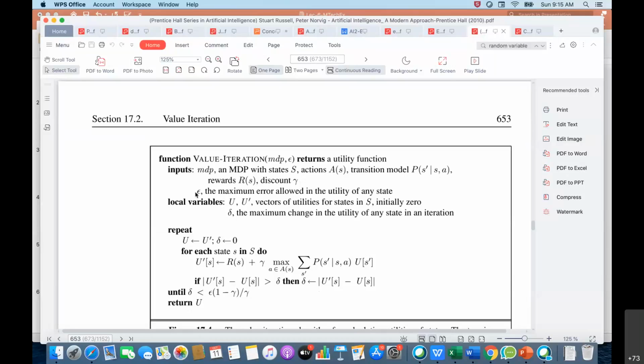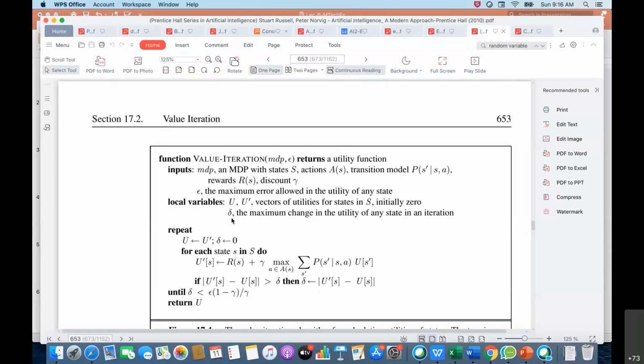Now this is the error, the maximum error that you can allow in the utility of any state. And these are the local variables, u and u bar. For each state, initially we are assigning the utility value to be 0.